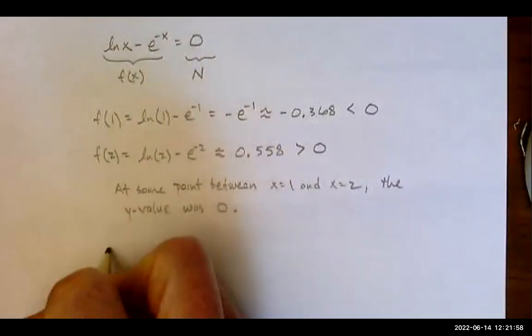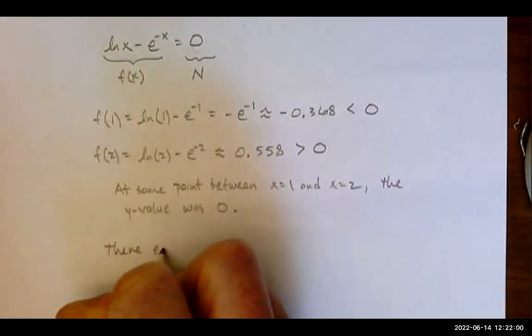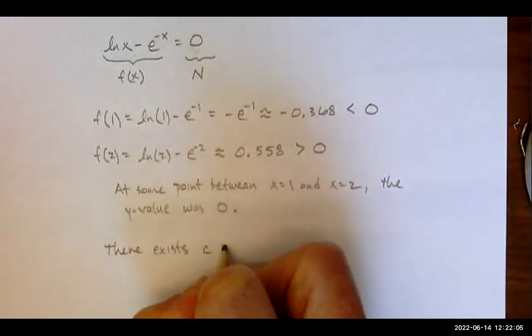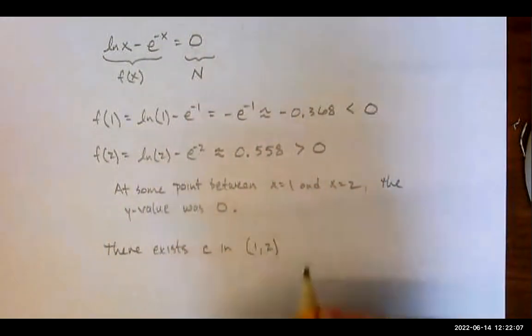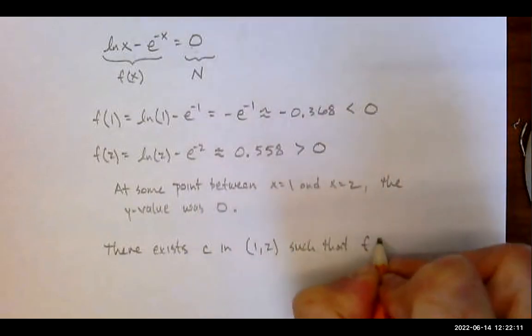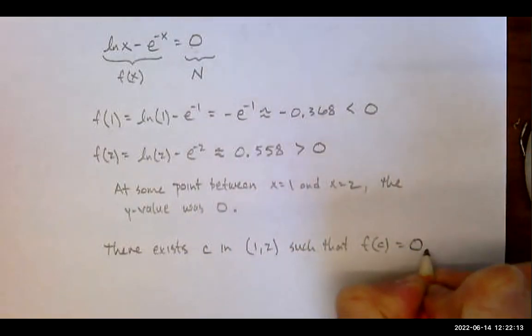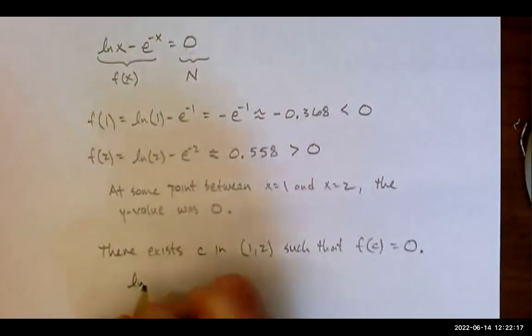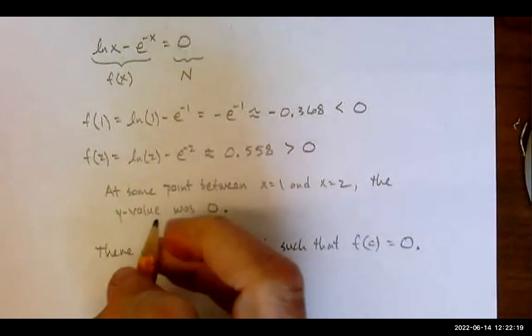So what we'll say, a little more formally, there exists C in that interval from 1 to 2 such that f of C equals 0. We don't know where that happens, but we know it does.